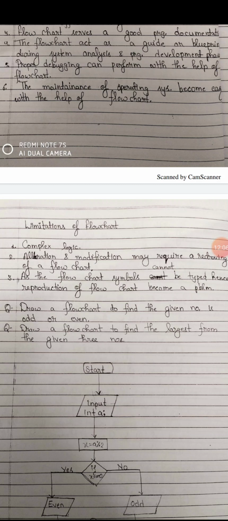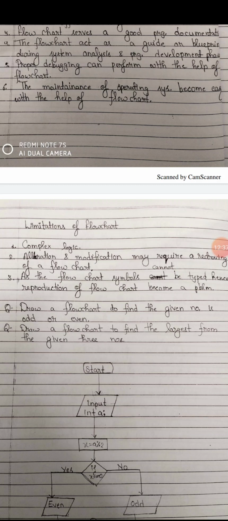For that purpose, we need to have a number. So first we will start the flow chart with the help of a start and end box. After starting, we must have a number which we need to check whether it is odd or not.